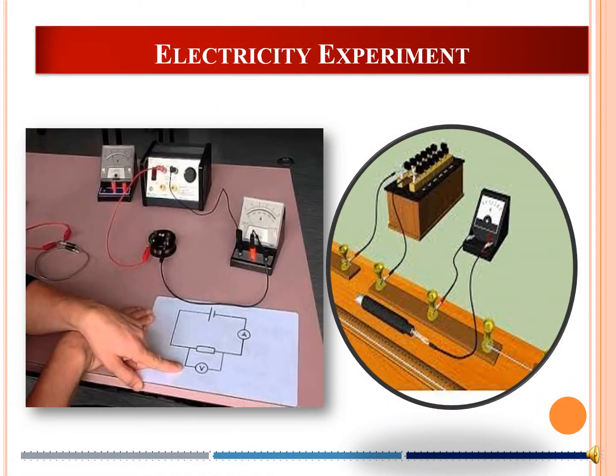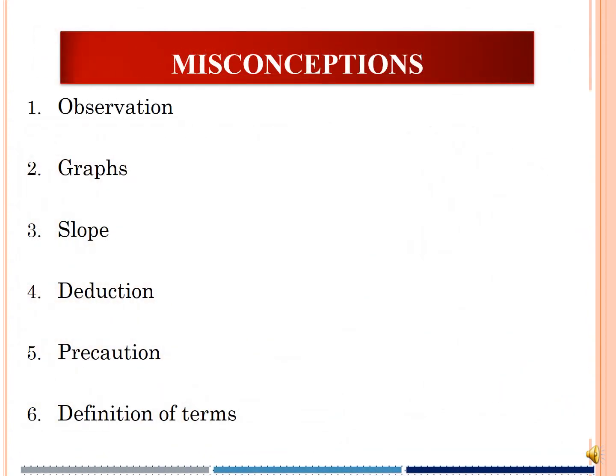In the area of electricity experiments, there are various instruments in which you can be tested, your potentiometer, and also to verify Ohm's law. Various misconceptions are being observed when reporting physics practicals.